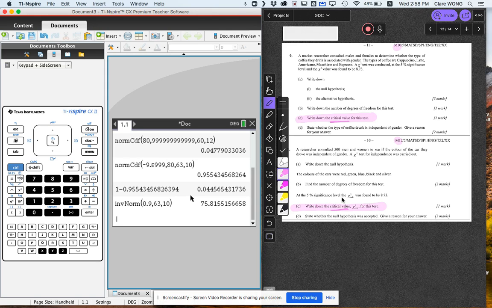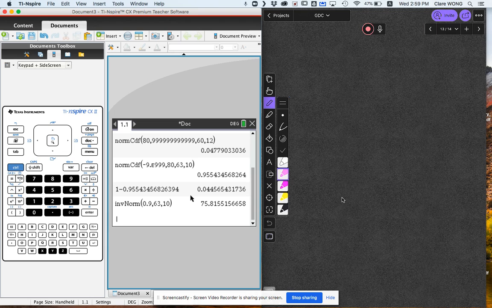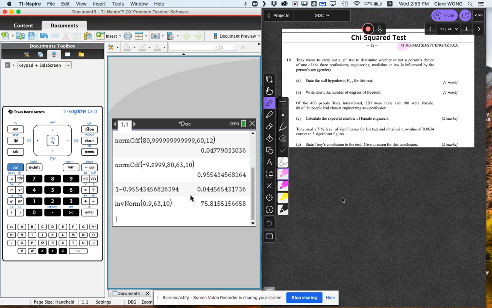The new way that they ask is they will always give you the critical value within the question, and then ask you to compare. I don't have an example here, but when you practice more recent past paper questions on chi-square test, you will see that that's true.